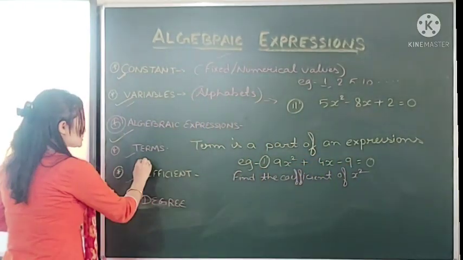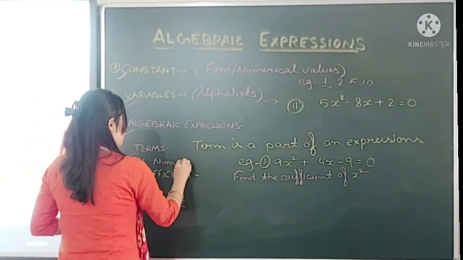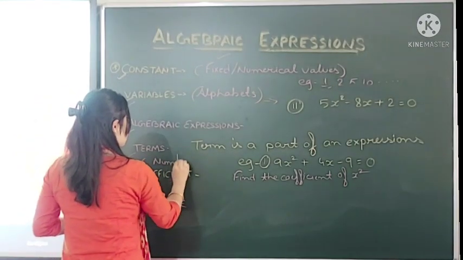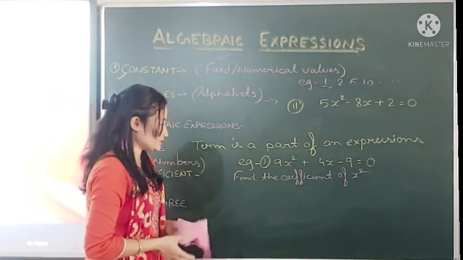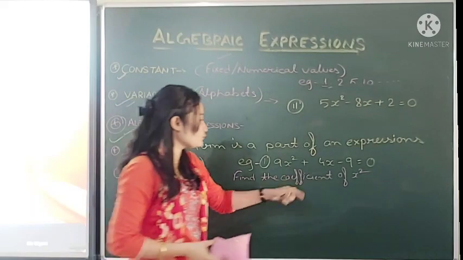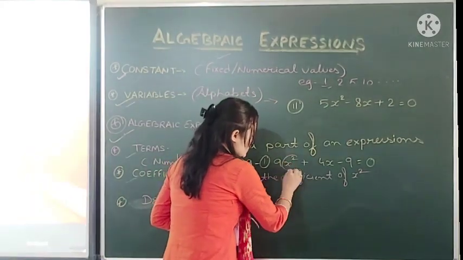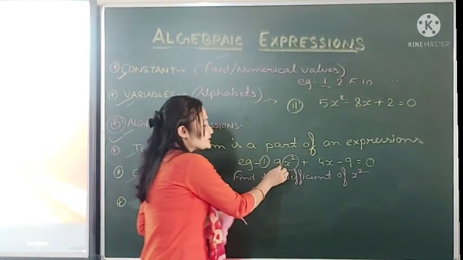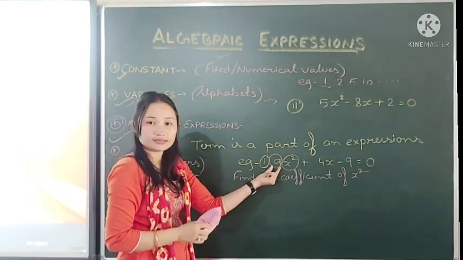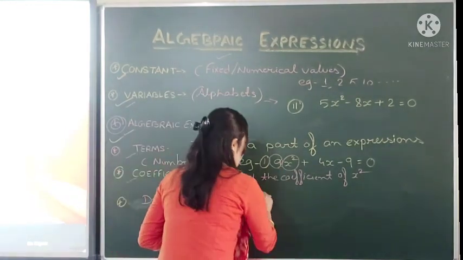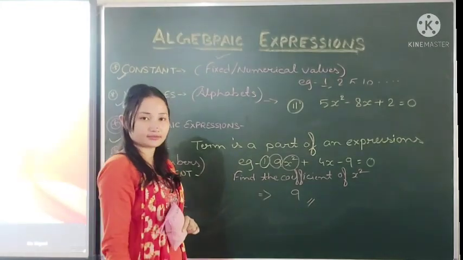In simple language, you can understand coefficient as the number of the particular variable. Along with this variable x square, what is the number we are getting here? Obviously 9. That means the coefficient of x square is 9. This is the answer.